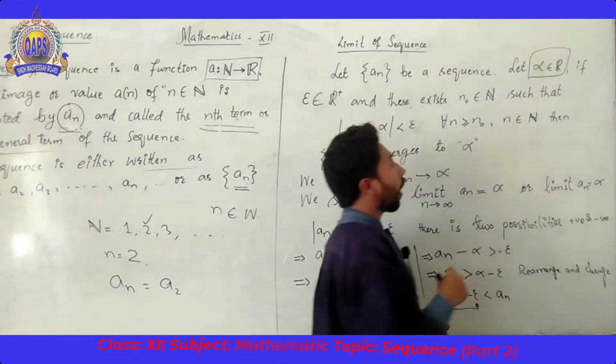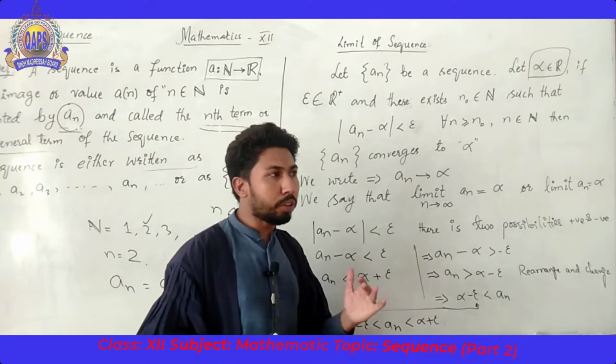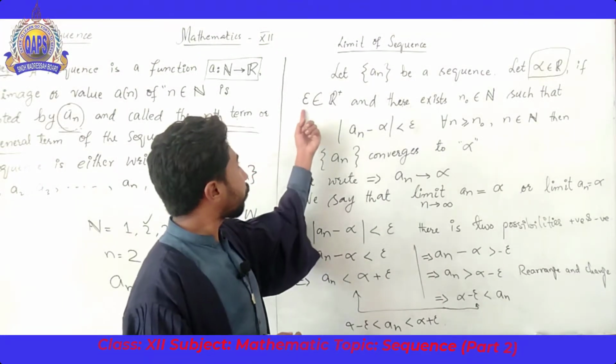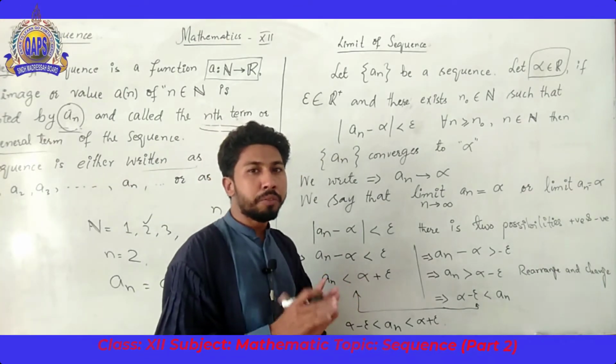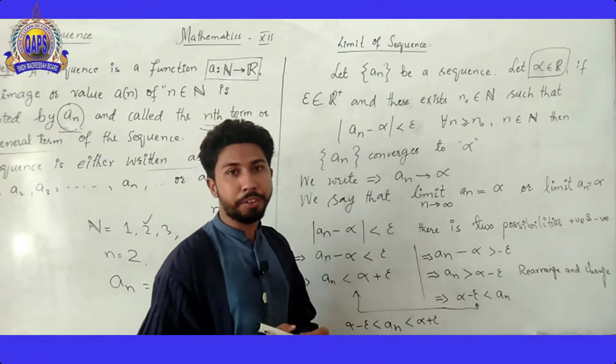For any epsilon belonging to the positive real numbers, epsilon is a negligible variable which is close to that point. You can say this epsilon represents the limit.